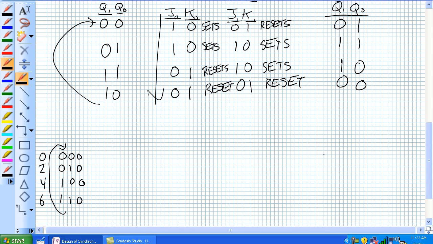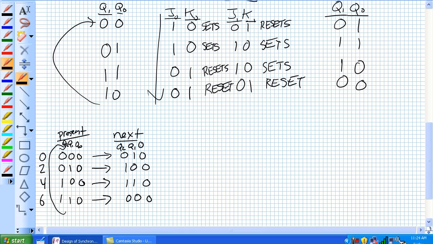So what we'd have to do is, given the present state right here, our next state, and you want it to recycle, go ahead and develop our truth tables, our K-maps for each one of these bits. And let's call them again, Q2, Q1, Q0, Q2, Q1, Q0. We need to go ahead and figure out what the JK inputs are for each one of the particular stages.